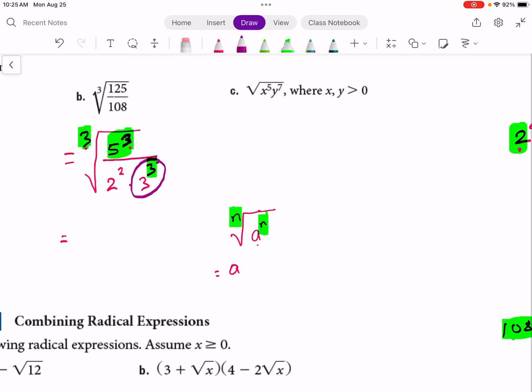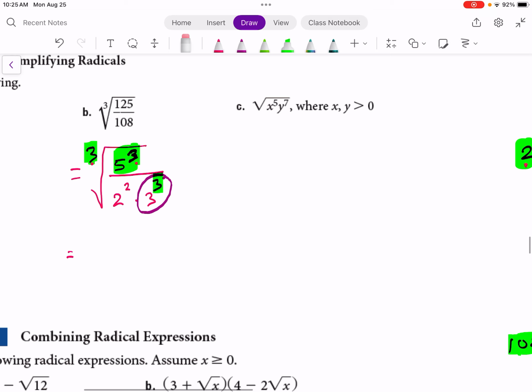I think you might have been cancelling. Did you used to cancel like this, nth root and a? Is that how you used to solve? But it's not really cancelling. So make sure to have the index the same and the exponent of a radicand the same. In our case we have 5 with an exponent 3 and this 3 with an exponent 3.